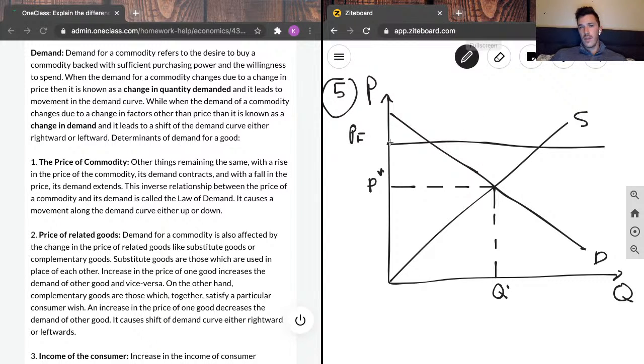As a result, this price, if you draw it out, crosses the quantity demanded curve over here, and the supply curve over here, which means that quantity demanded is here, and quantity supplied is here.